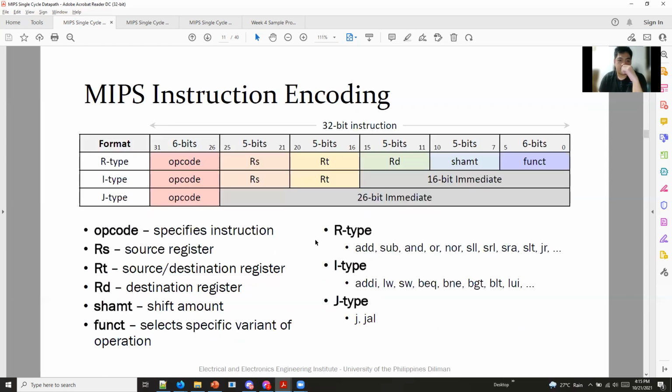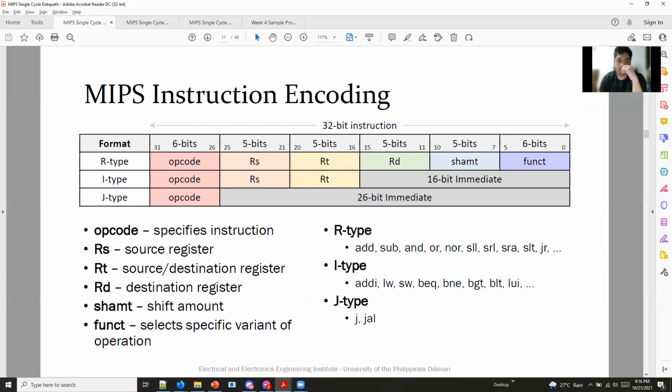Then, next is ang encoding natin, usually for all instructions, lahat ng first 6 bits ay for the opcode or anong ginagawa ng certain instruction na yun. And then meron tayong tatlong general types or formats ng instruction. So yung first one is R-type, which is parang operands natin are all registers.